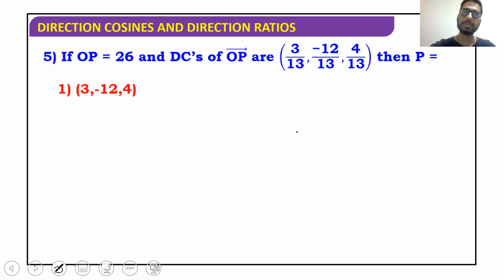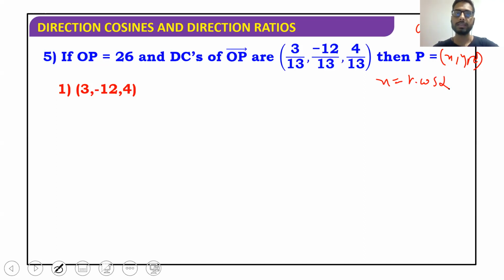OP is given as 26, and the direction cosines of OP are given to you. You have to find the point P. So, we know that cos of alpha is equal to x upon r. Point P coordinates are x, y, and z. Therefore, x is nothing but r into cos of alpha.